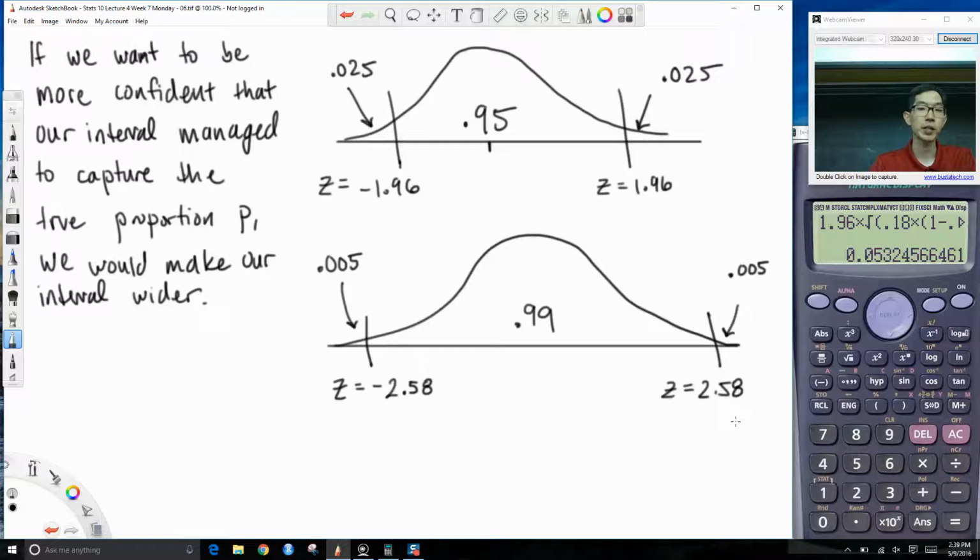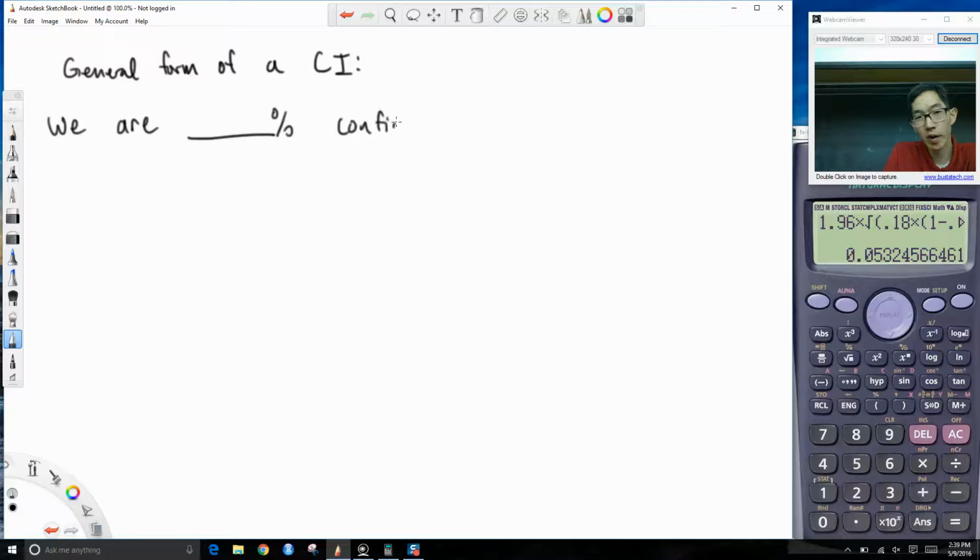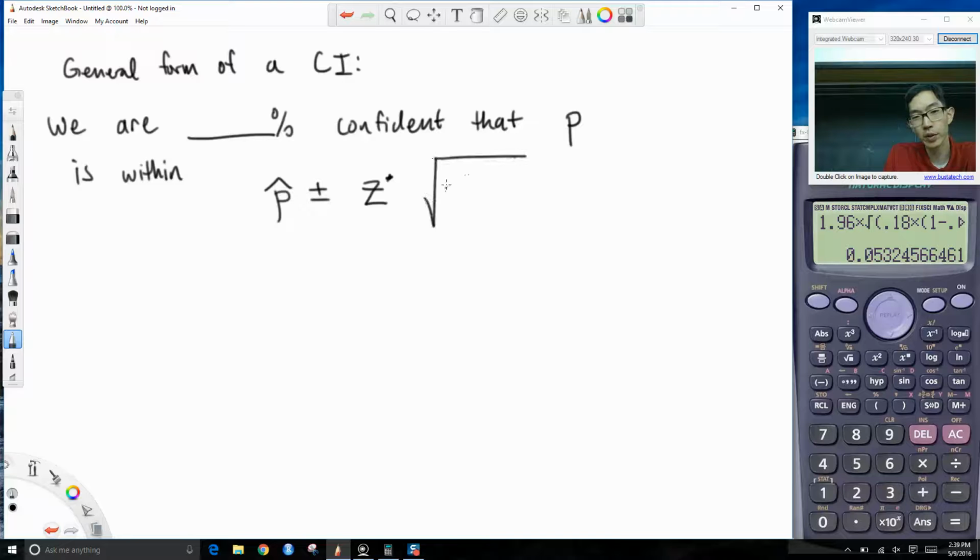Okay? And so the general form of our confidence interval would be: we are blank percent confident that p, the population proportion, is within p hat plus or minus z star times the square root of p hat times 1 minus p hat over n, okay?